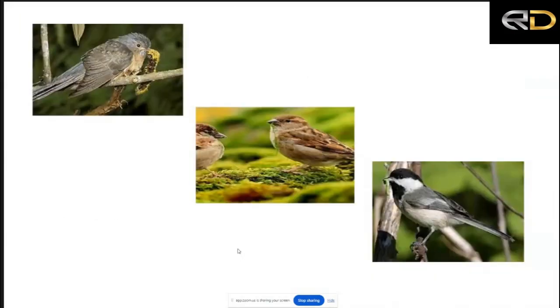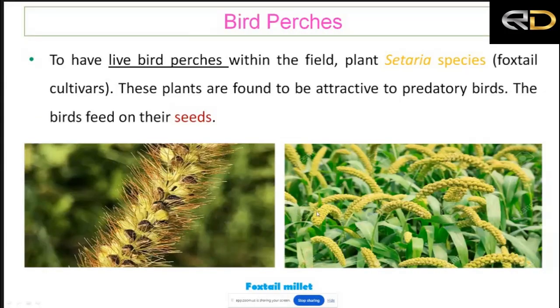So these are some pictures of birds feeding on the pests in the field. Those were the non-living ones, like bamboo, trees, or branches, that we are using. On top of that, we can also use live bird perches. Live bird perches means we have some examples, like one of the most common live bird perches which we have.